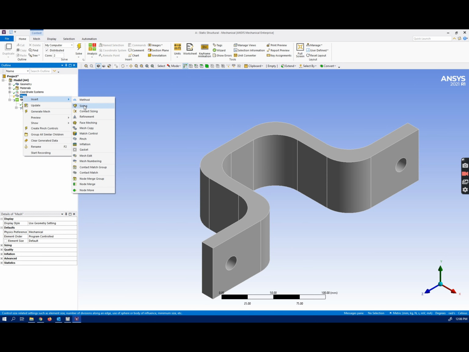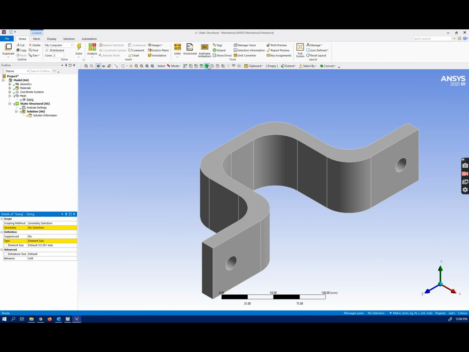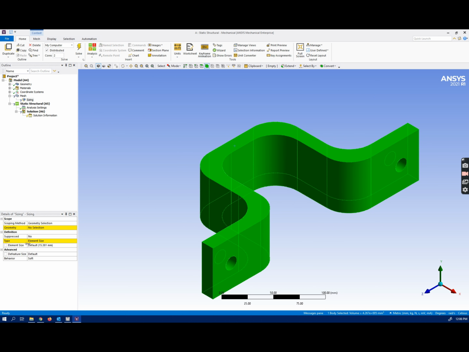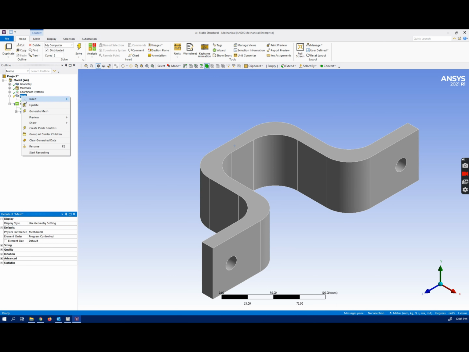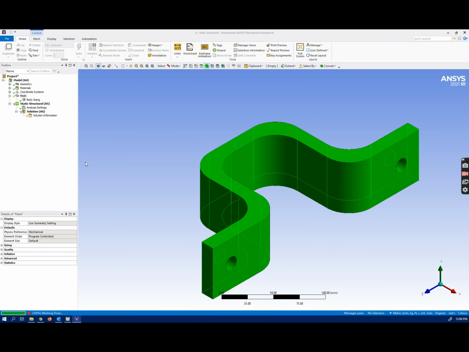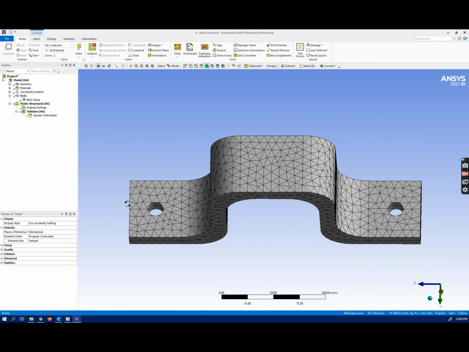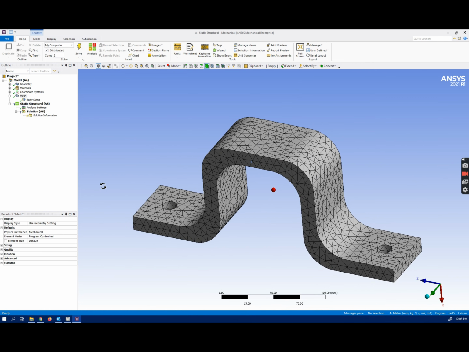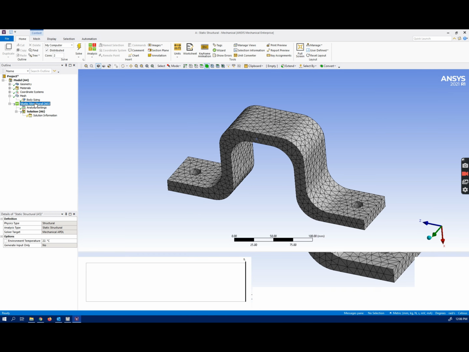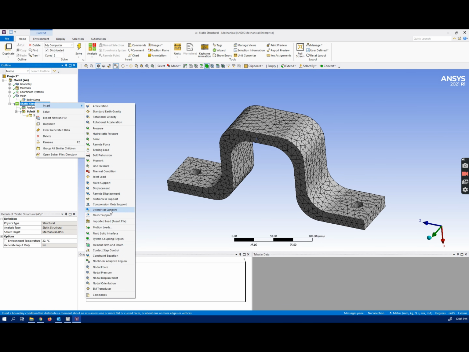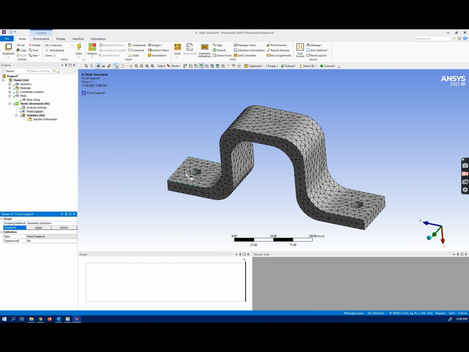For the mesh, I'm just making everything simple for myself, and maybe 8. Let's see if it's too rough. For this, just presenting the result would be enough, but of course, it's not good to get accurate results. Where is the fixed support?